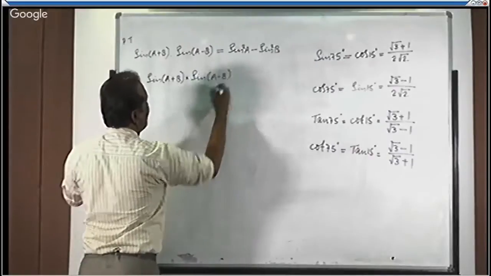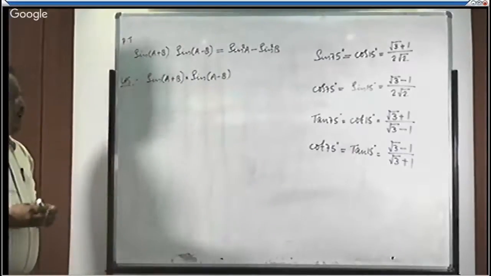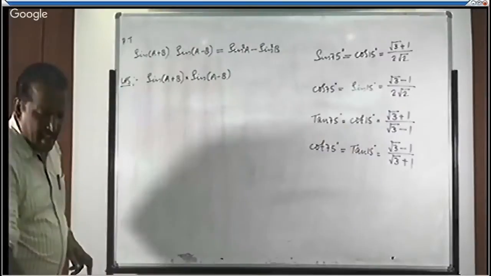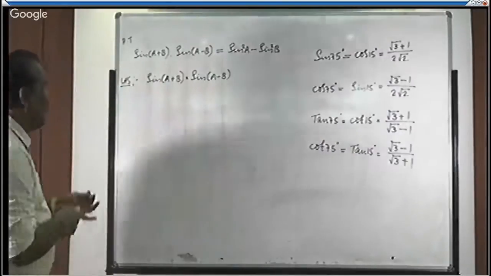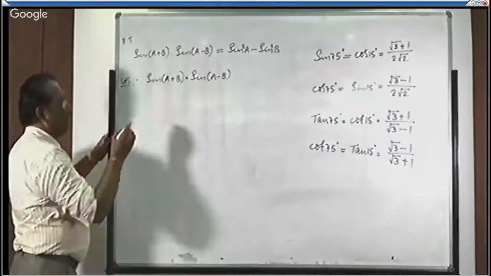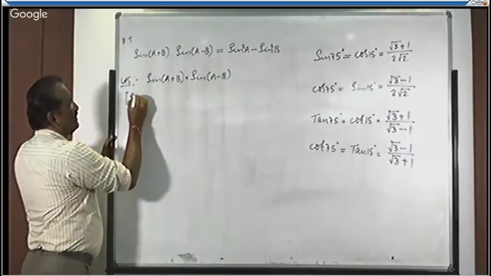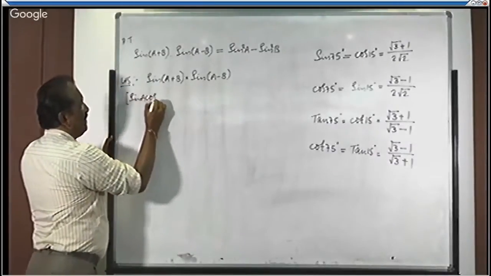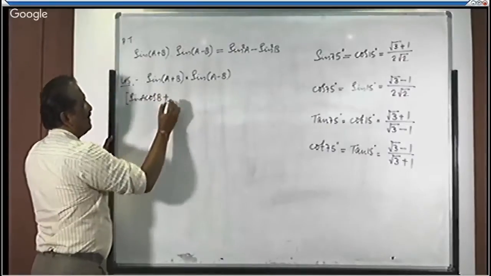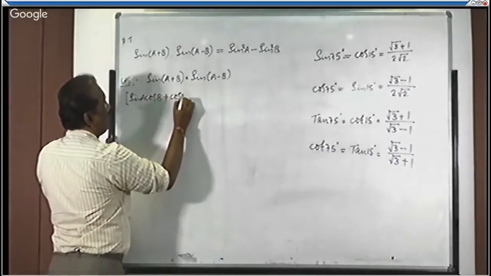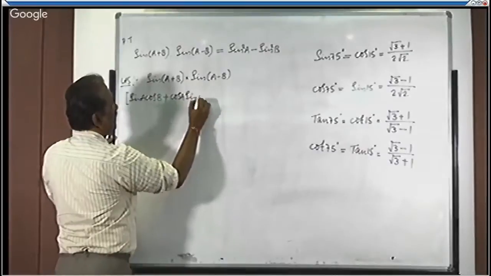We just consider the LHS. Now we know the compound angle formula, I mean the addition formula for sine, in the form of sine of a plus b. It is sine a cos b plus cos a sine b, right?